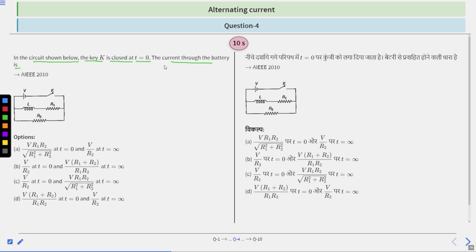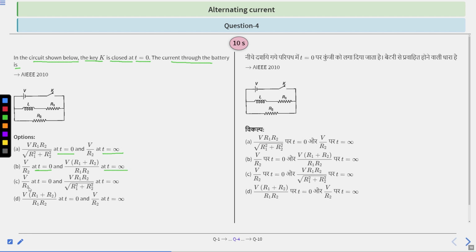Options: A is V R1 R2 divided by under root R1 square plus R2 square at t equal to 0, and V divided by R2 at t equal to infinity. Option B, V divided by R2 at t equal to 0, and V into R1 plus R2 divided by R1 R2 at t equal to infinity.